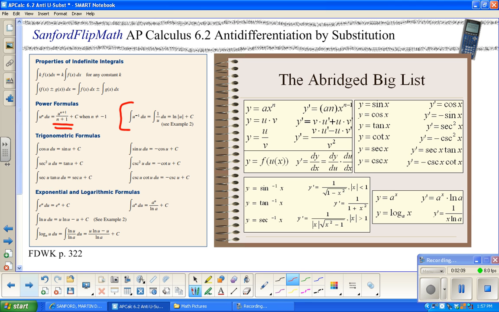And just a quick reminder that if it's just 1 over u or 1 over x, then that's really a natural log situation, and to get that to work for positive and negative numbers, you have to do an absolute value. So most of this is really the same as this. It's just going the other way using the proper notation for antiderivatives.